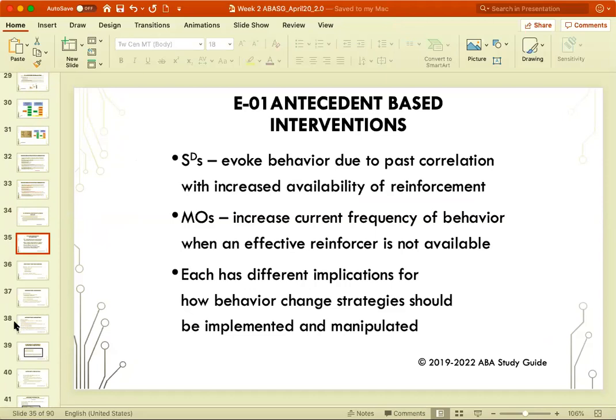Your MOs, we're going to talk a lot more about MOs next week, but your MOs increase the current frequency of behavior when an effective reinforcer is not available. Each has different implications for how behavior change strategies should be implemented and manipulated. So we're going to talk a lot about the difference between SDs and MOs, but basically, in a nutshell, your SDs evoke the behavior because of the past correlation or association with reinforcement. Your MOs increase the frequency of that behavior.